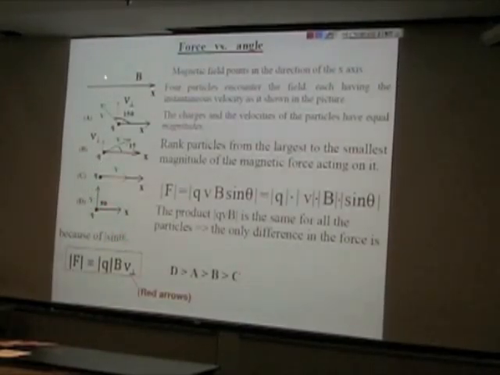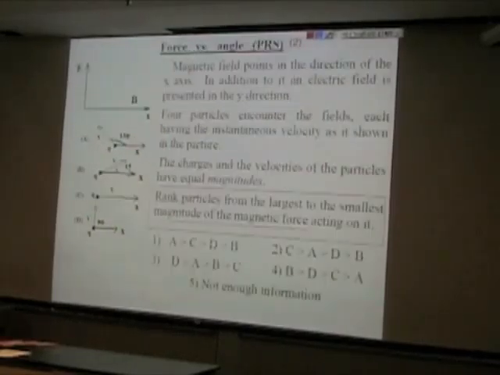So if you want to rank these forces in terms of magnitude from largest to smallest, that would be the ranking. The largest perpendicular component gives you the largest force. No component at all, no force at all. So that's the question about ranking the magnitude of the magnetic force acting on a particle moving in a magnetic field.